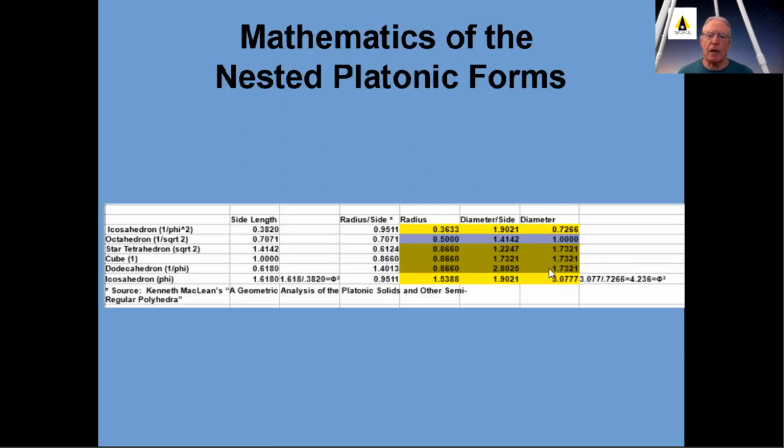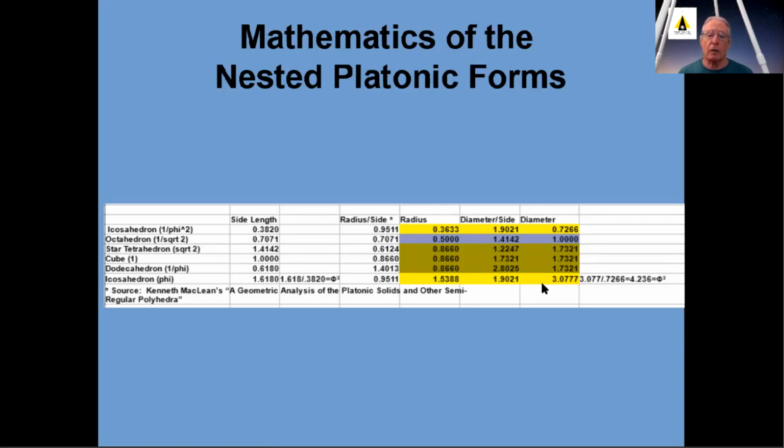Now let's look at the diameters in the last column for a moment, so you can see what I've done. First of all, you'll see there are colors. I put each of the icosahedra in as yellow, and the octahedron in as blue. If you'll notice, the star tetrahedron, the cube, and the dodecahedron all end up with the same diameter. What that means is they're all contained in the nested form within the same sphere.